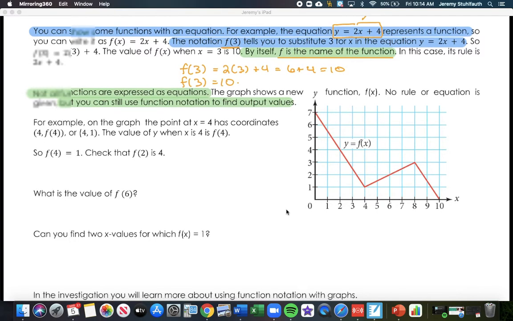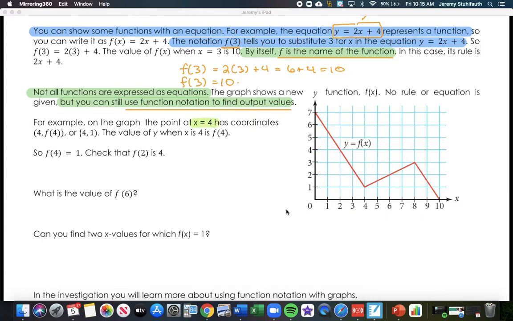Now, not all functions are expressed as equations. You could have, for instance, this graph over here where we don't know the equation for the graph, but what we do know is that this graph represents a function, and that function is f(x). You have no rule or equation given, but you can still use function notation to find output values. Let's take a look at what happens when x equals 4.